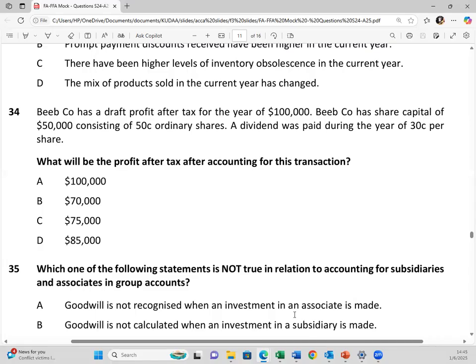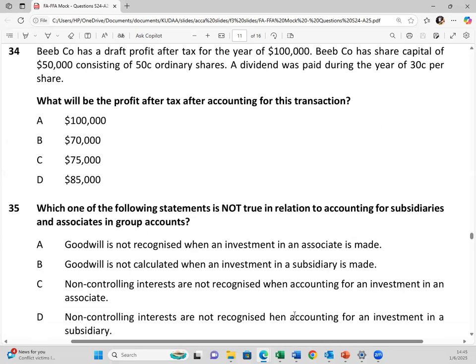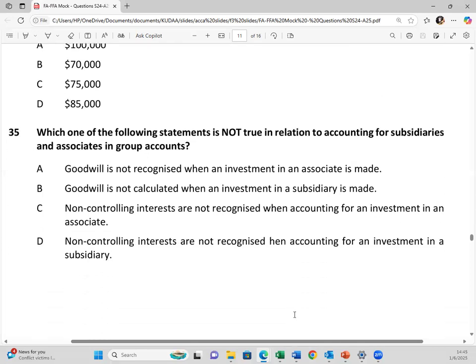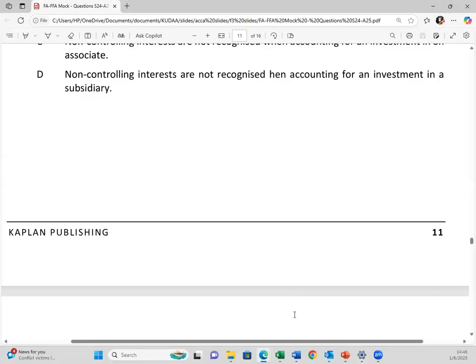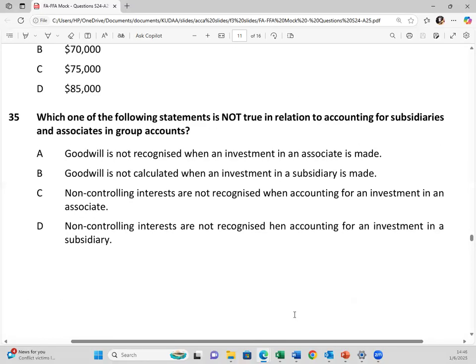Then let's move on to number 35. Which of the following statements is not true regarding subsidiaries and associates? When you are accounting for subsidiaries and associates, remember, a subsidiary is where we have control.